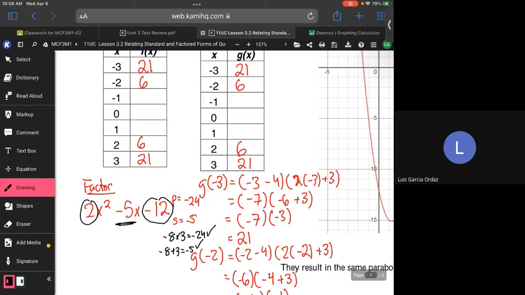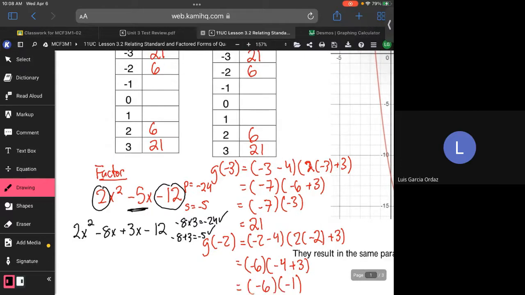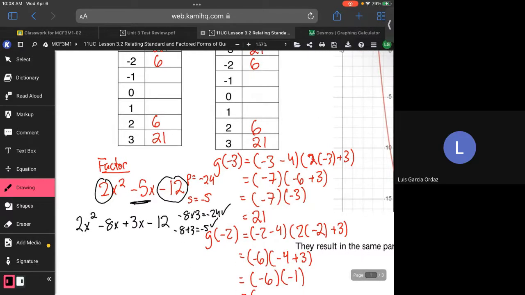So now, let's see what happens when we factor this. So I got 2x squared, my first factor was minus 8x plus 3x minus 12. So how do we end up factoring this now? You find the common factor between 2 and negative 8.